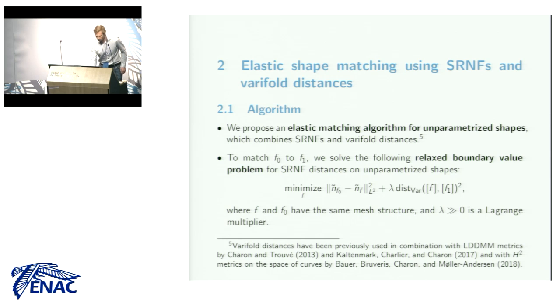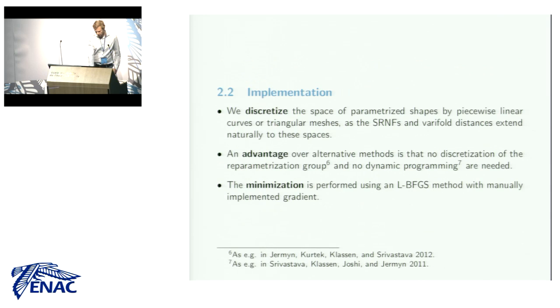It goes back to some early ideas where varifold distances have been used in a similar way, but not in combination with square root normal fields and not in combination with these first order inner metrics. A couple of remarks about implementation.